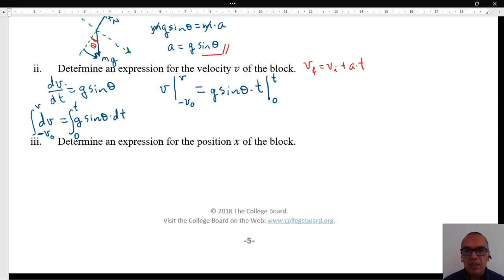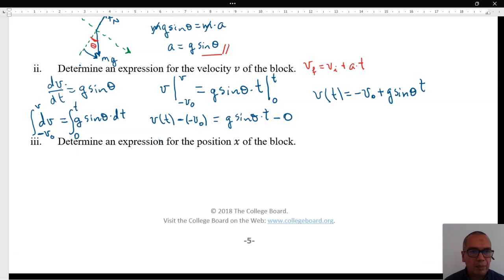Now, this means that on the left-hand side, you get v as a function of time minus negative v naught, and that's equal to g sine of theta times t minus 0, because 0 times the constant is 0. A little algebra, and what you get is that your velocity as a function of time is equal to negative v naught plus g sine of theta times the time.